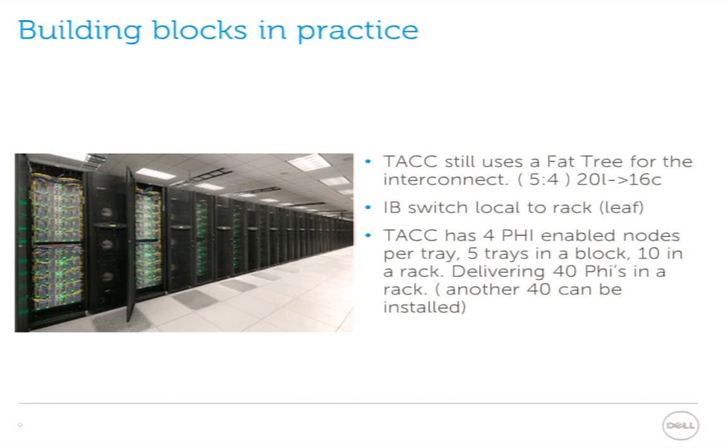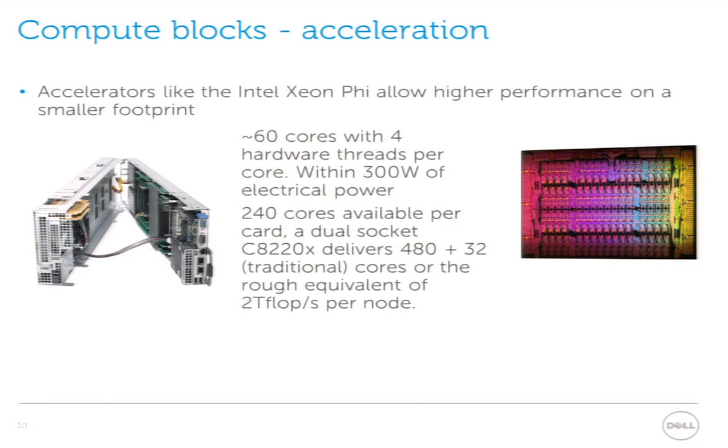You see modules of 5 units together with a switch, and another block of 5 units together with a switch, and you just build this out in the direction you want. At this moment, there's only 1 Phi per node. We can have 2 Phis per node. So TACC is, let's say, at half maximum performance at the moment.